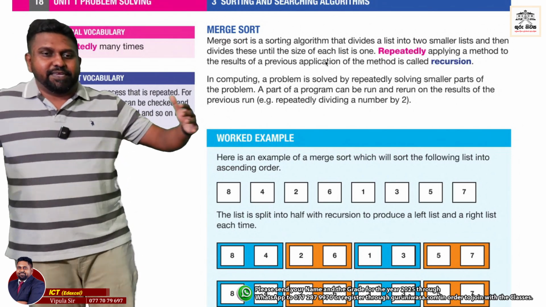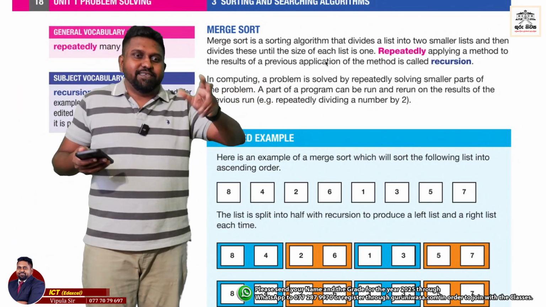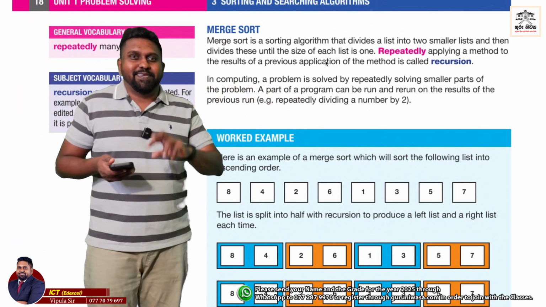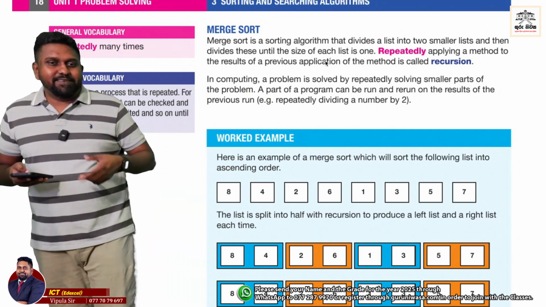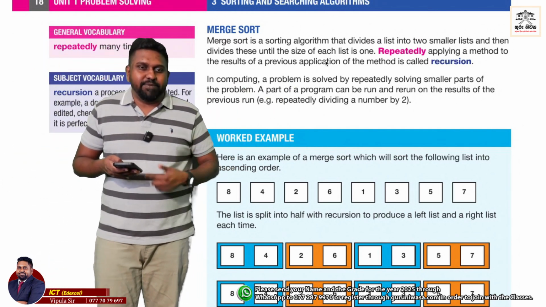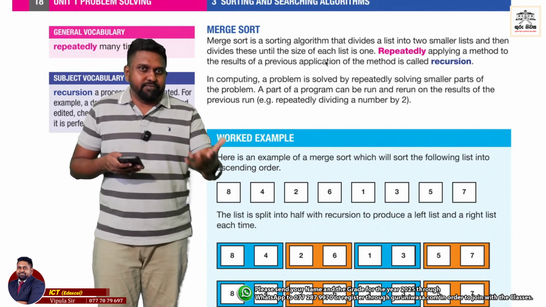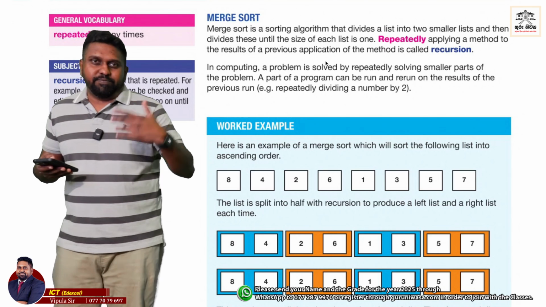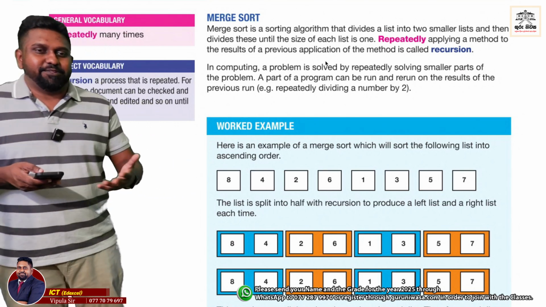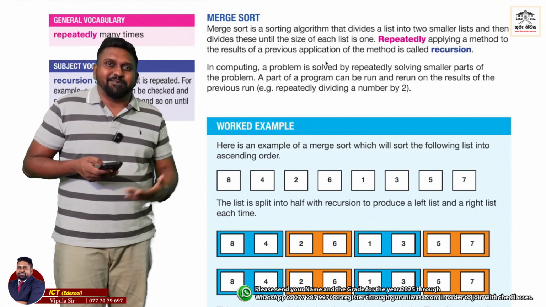So basically we take a big list and we divide it into multiple components until we have one item. Okay, so we do this repeatedly, applying the same method recursively, or application of the method. So we basically go through it recursively, right? So this particular method is called recursion.